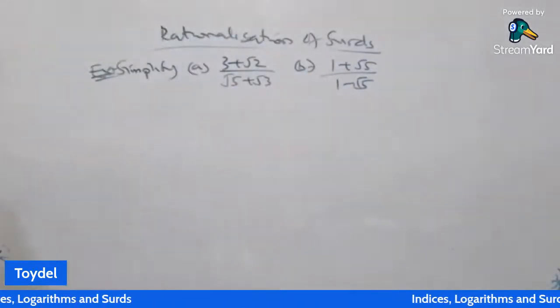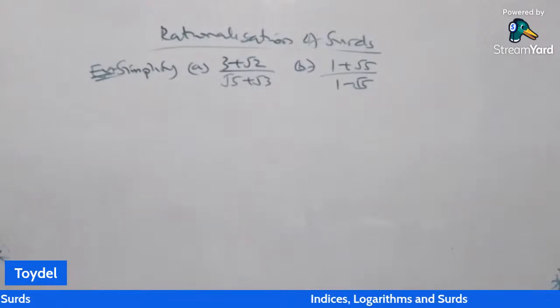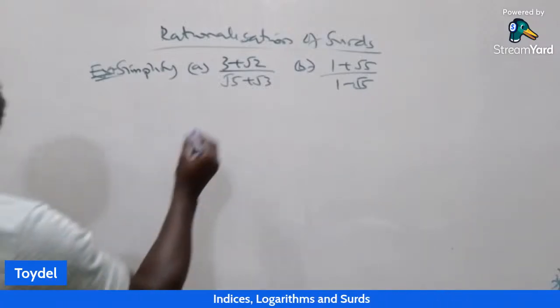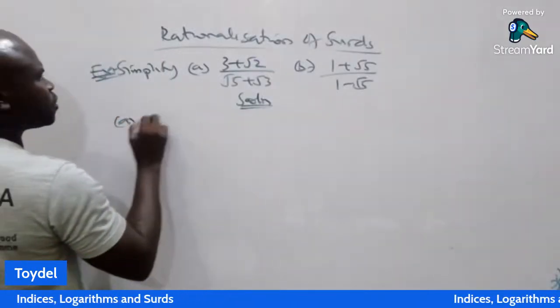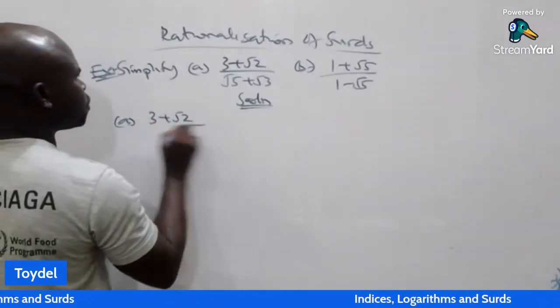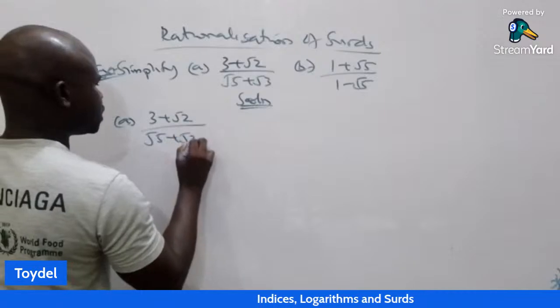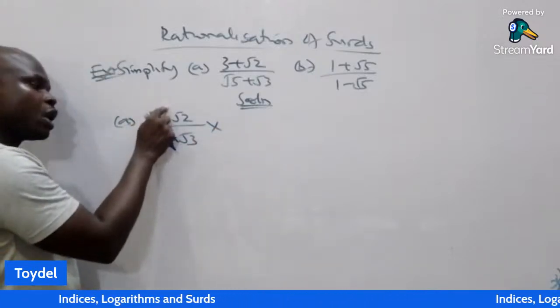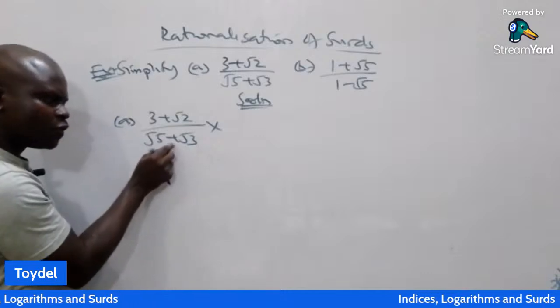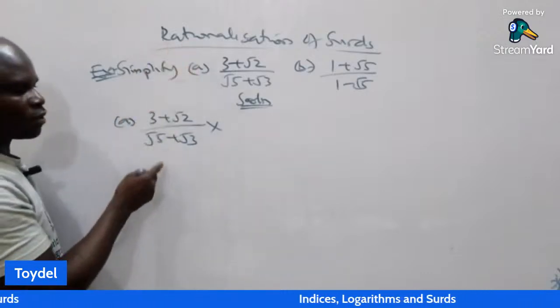So what do we do here? In this case, we have to simplify. The first one, 3 plus root 2 all over root 5 plus root 3. We are going to multiply both the numerator and the denominator by the conjugate of this surd. That's what is called rationalization by the conjugate.